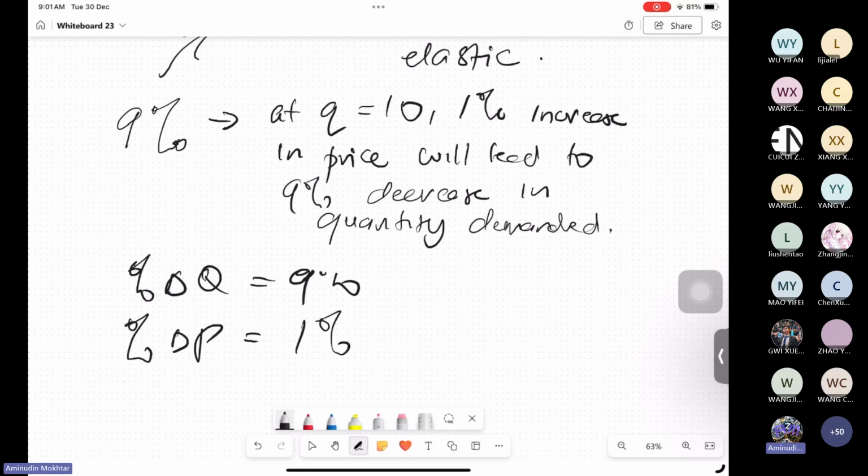That's why the real value is negative. We just take the positive value if we want to interpret the elasticity value, 9%, from negative 9.